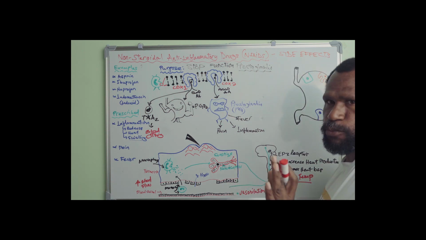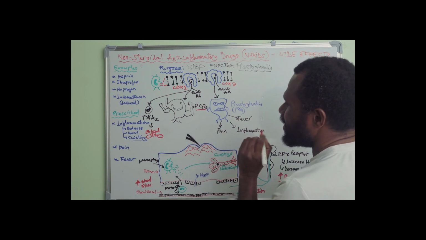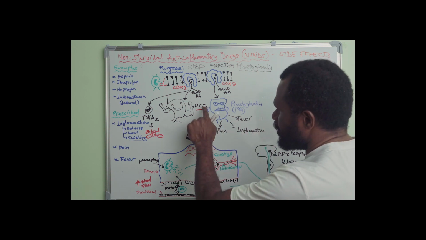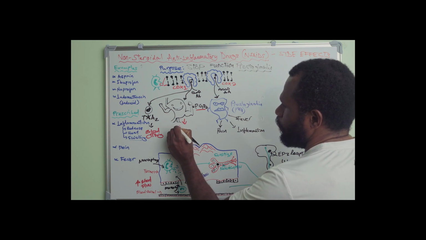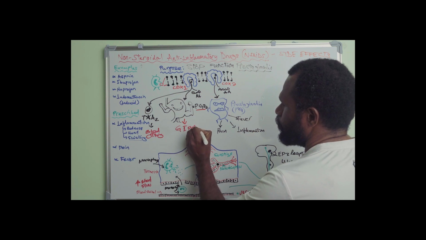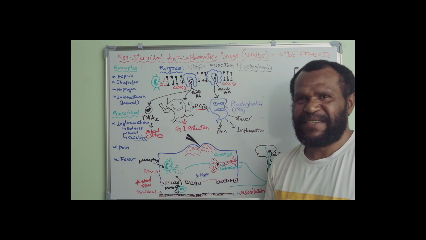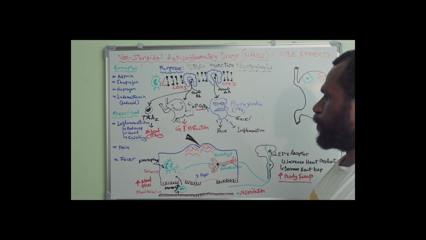But it also produces prostaglandin E2. What is the function of prostaglandin E2? This one is responsible for GI protection. Specifically, it protects our stomach.